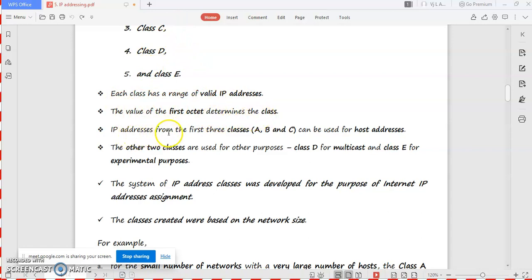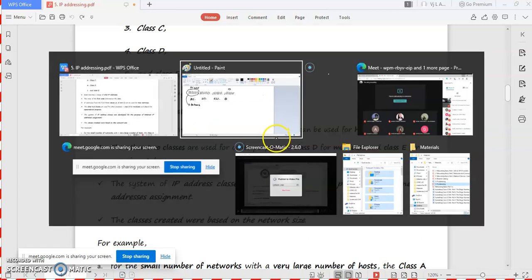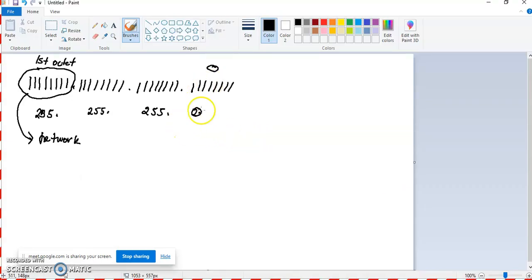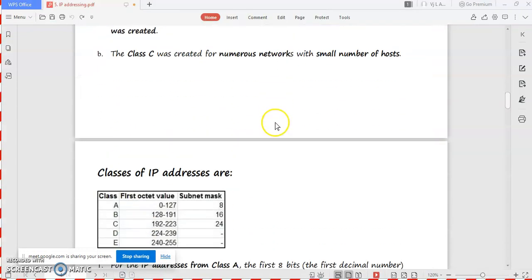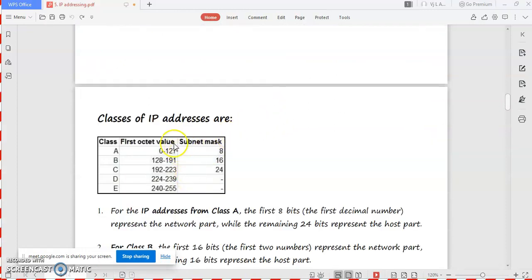IP addresses from the first three classes, A, B, and C, can be defined for host addresses. Class D and E have specific uses. Mostly our IP addresses start from 0 to 255.